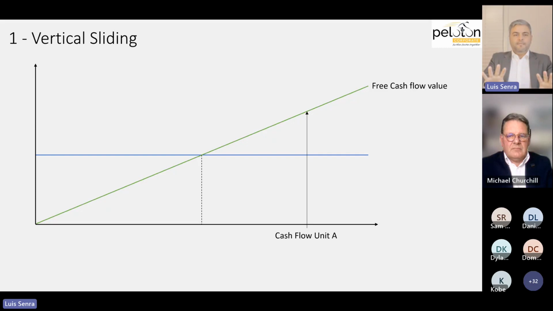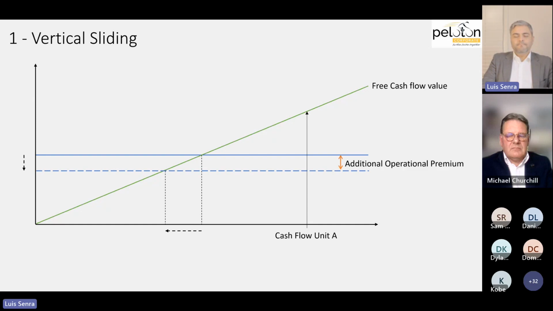Vertical sliding, and you are already familiar with this chart, the value chart. Vertical sliding is sliding down the net tangible assets.